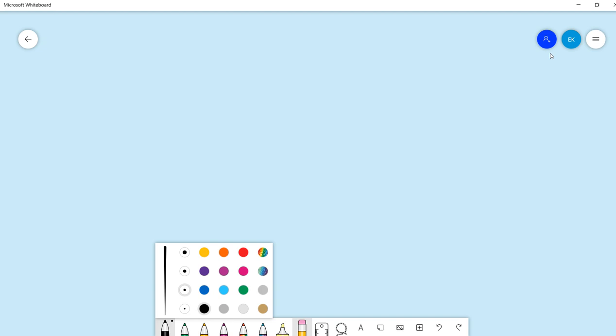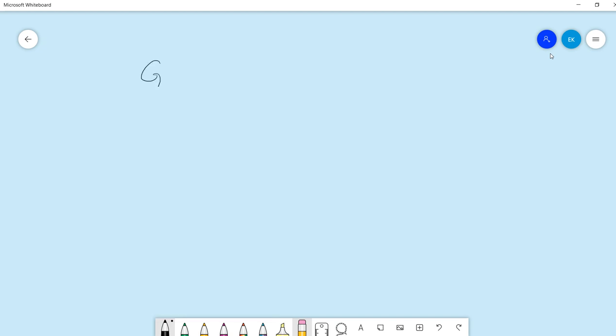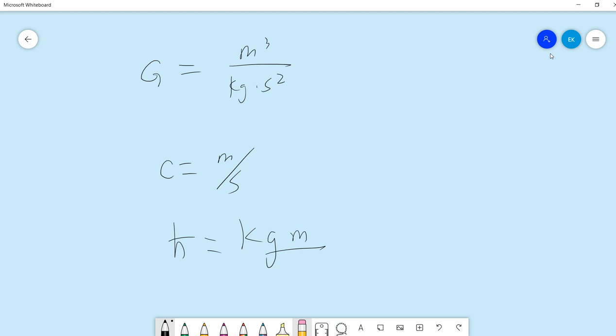What is G? G has units of length cubed divided by mass times time squared, and c is meter divided by second, which is length divided by time.